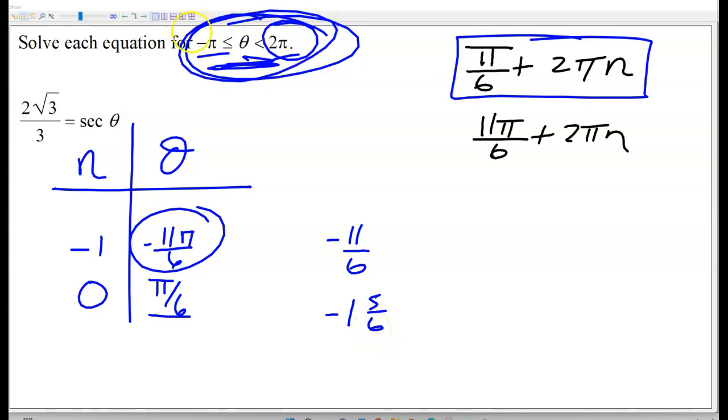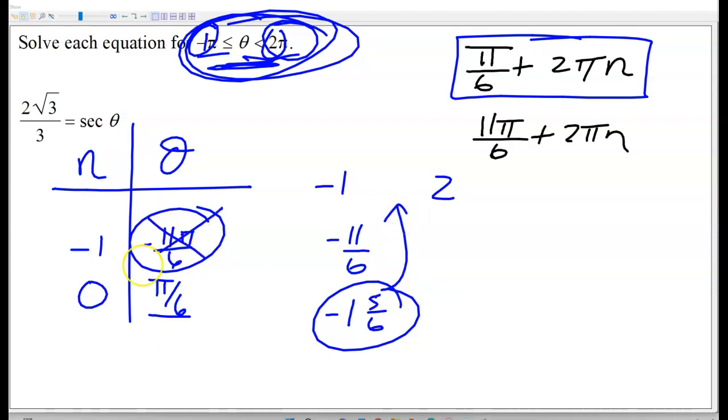This thing goes from negative 1 to positive 2. So is negative 1 and 5/6 in between those two values? And the answer is no, it's not. So we're not going to use that one either. Okay, so this one really only gives us one answer. Let's go ahead and do the other equation now.